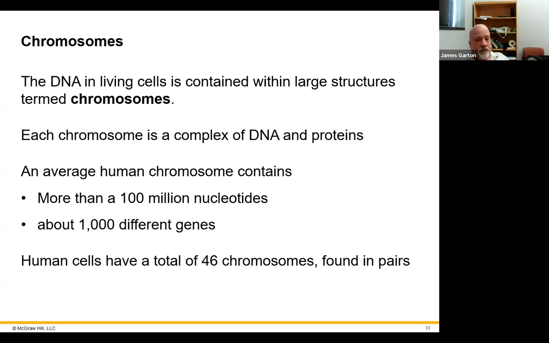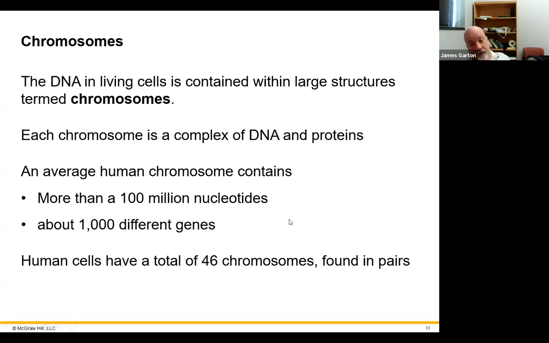In eukaryotes, they say, for example, the average human chromosome contains more than 100 million nucleotides. And that's not entirely true. The biggest ones you have might have 250 million nucleotides or so. And the tiny chromosomes that you might have might contain about 40 million nucleotides or so.